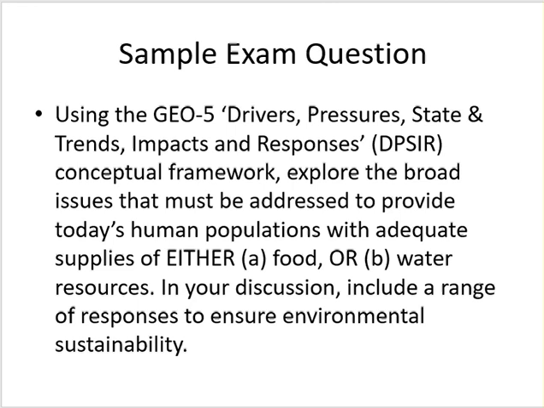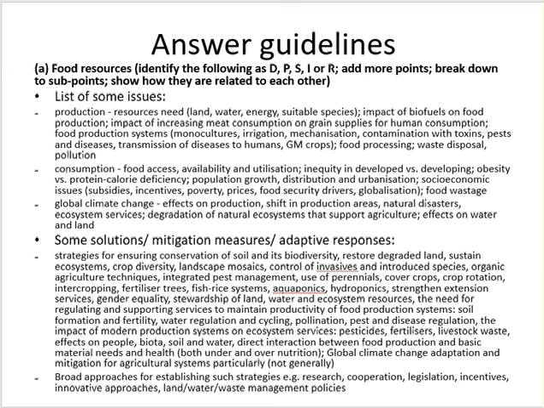Okay? So we have here some points for answers. And what I want you to do is take a look at each of these bullets. So production, consumption, global climate change, and classify them as either drivers, pressures, states and trends, impacts, or responses.